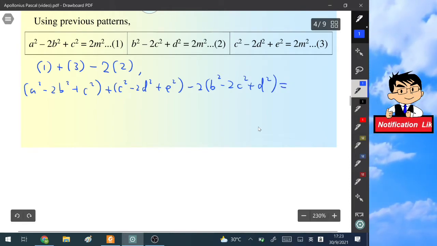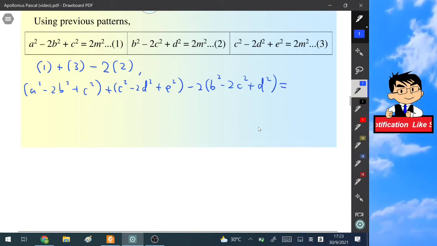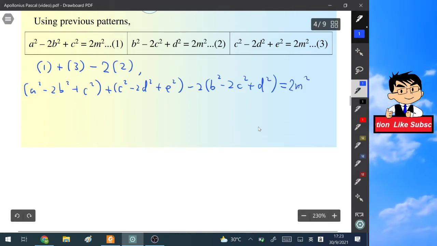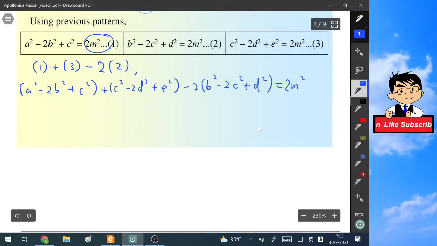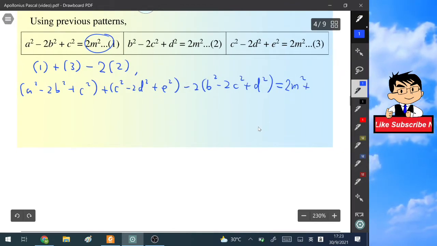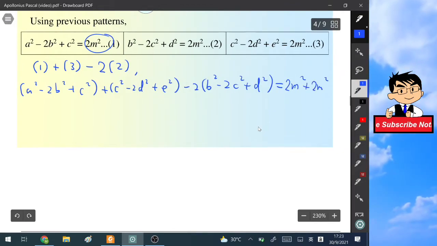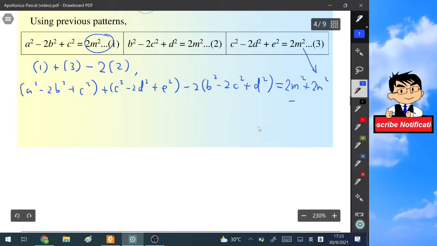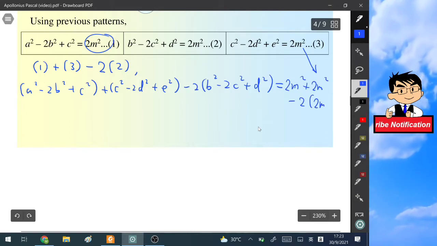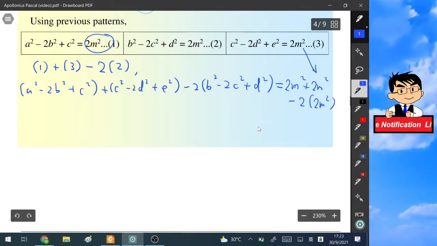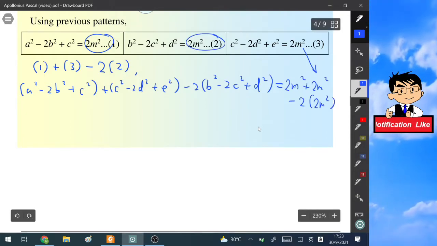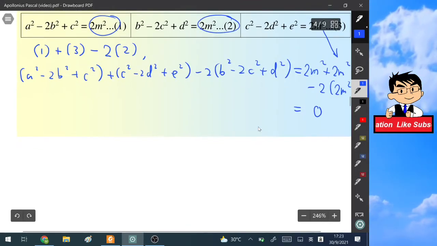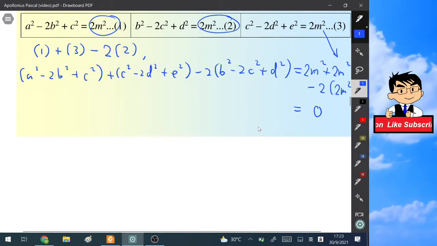And then for the right hand side, we have 2m squared, which comes from the first equation, and then plus another 2m squared, which comes from the third one, minus 2 times the 2m squared, which comes from the second equation, and of course is equal to 0. So let's see what happens on the left hand side.